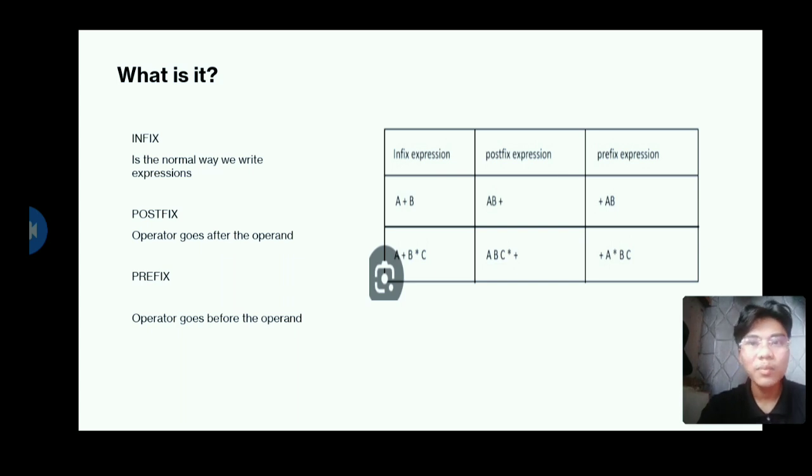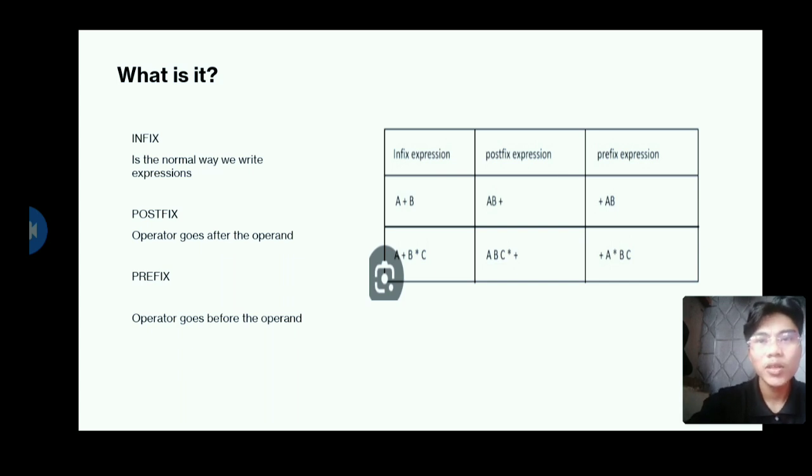The output will be AB, and the stack is the addition sign and then the multiplication sign. And then read the C, which is an operand, so the output will be ABC, and the stack is the addition sign and then the multiplication sign.